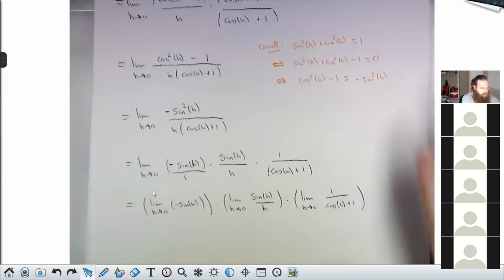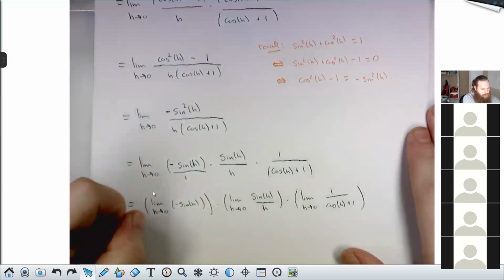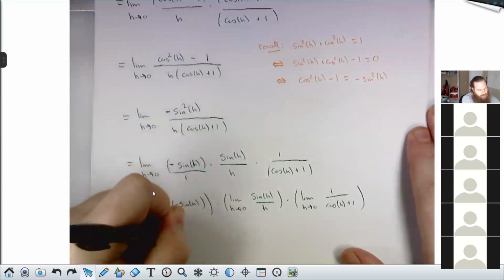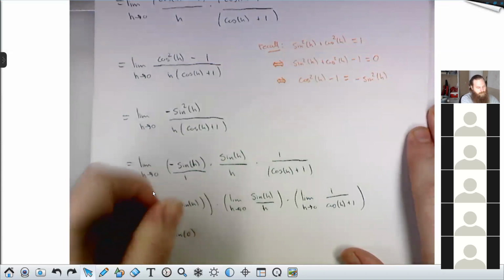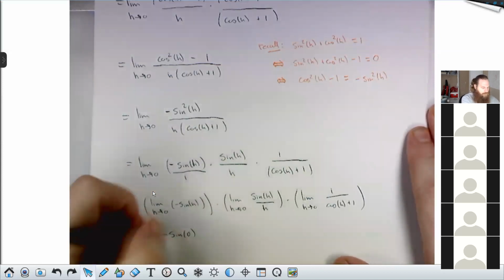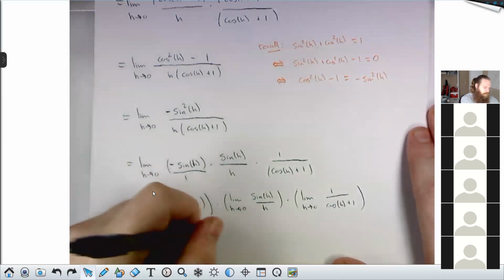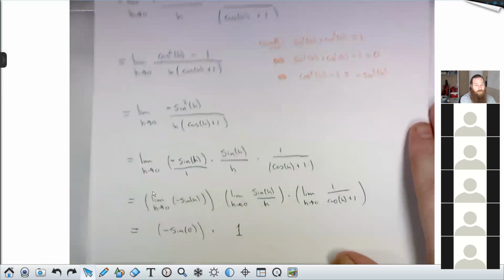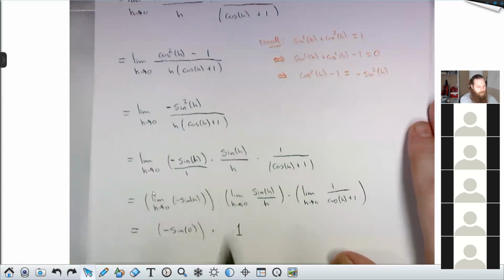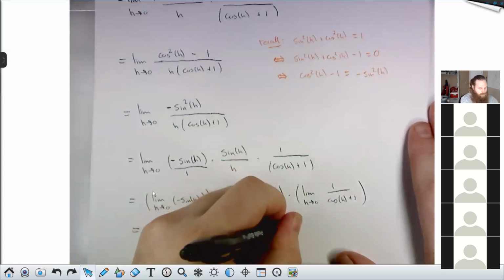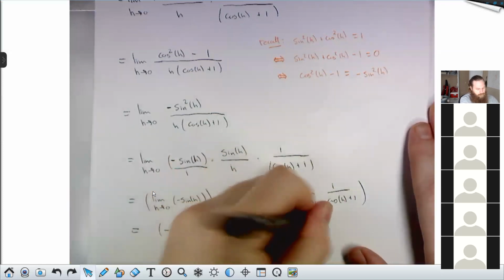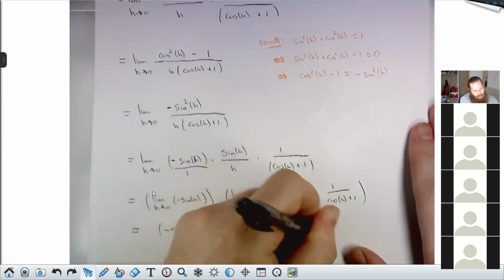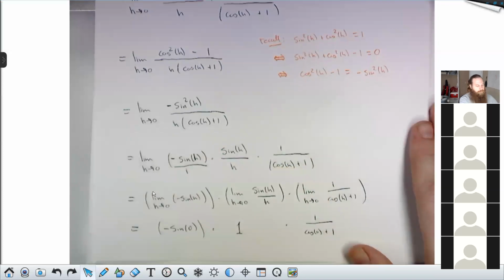This piece is the negative sine of 0. Sine on its own is continuous, so I can just plug in. This piece is 1. That's my special trig limit. Sine h over h goes to 1 as h goes to 0. This piece is 1 over cos 0 plus 1.